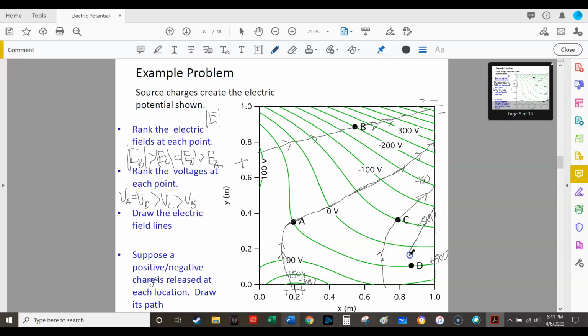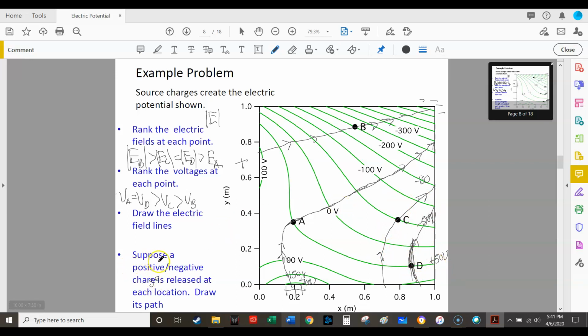And D is looking like it's doing that, or maybe not so drastic here. A little bit more around it. Anyways, so we drew those electric field lines, and obviously a bunch of them would be over here, and they'd get less dense the further out we got, and then they get a little bit more dense as we get close to C again.